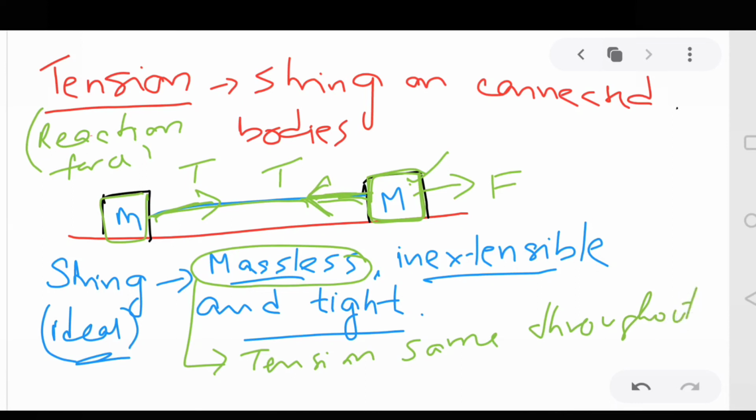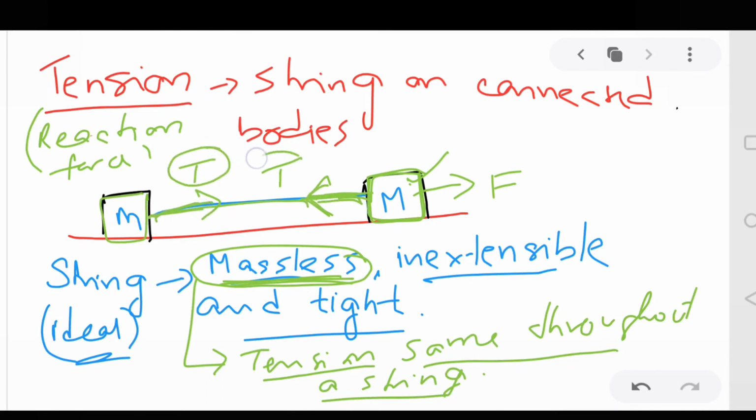At all points on the same string, tension will be the same for a massless string. If the string has mass, tension will be different, but that is a different scenario and we will handle it later. For the present scenario, massless string means tension is the same throughout the string. That is why I have marked both locations with the same T. Otherwise it would be T1 and T2.